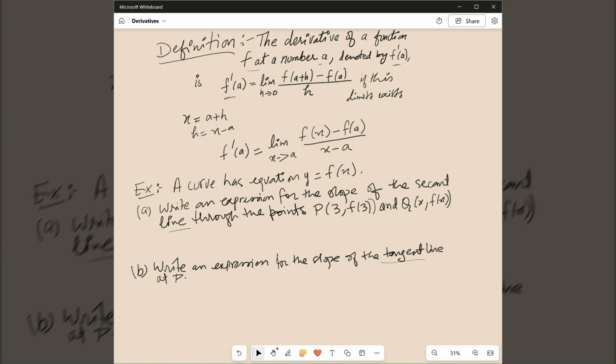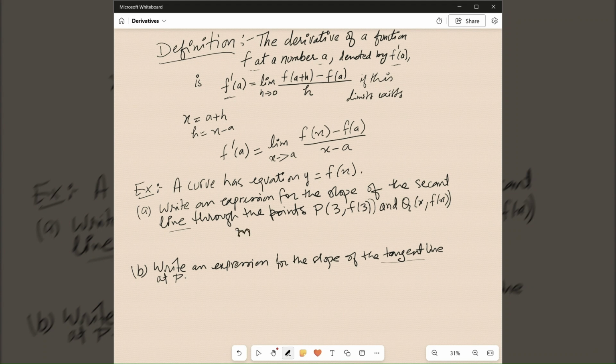So how do we solve this problem then? Now you can already guess, right? In this first problem, we've been asked to write an expression for the slope of the secant line. A secant line is a line that touches the curve at 2 points. So we'll just find the slope here.